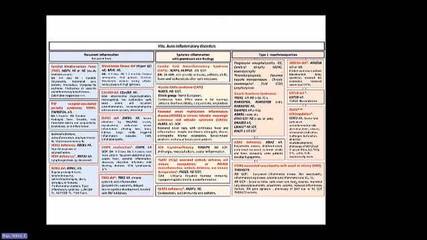STING deficiency, SAVI, is STING-associated vasculopathy with lung and skin issues. So think of vasculopathy and inflammation in the lungs, think of SAVI. USP18 causes TORCH-like syndrome and neurological issues, and then STAT2 can cause inflammation as well with fevers.